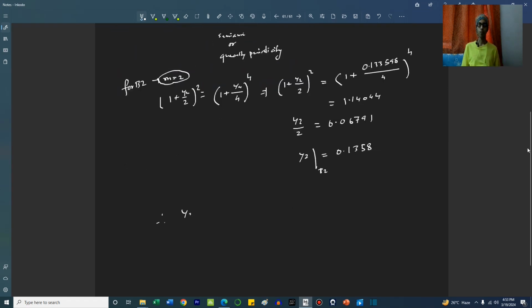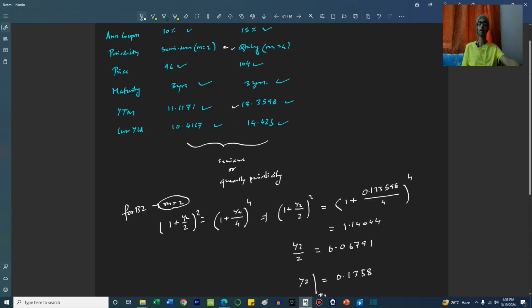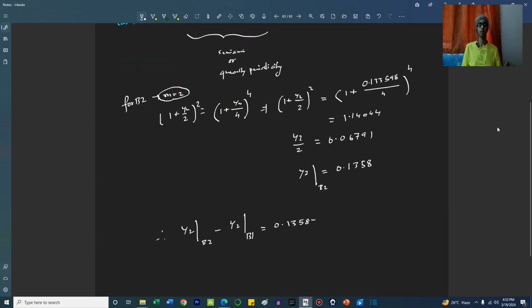The spread between y2 for B1 and y2 for B2 is 0.1358 minus 0.11617.